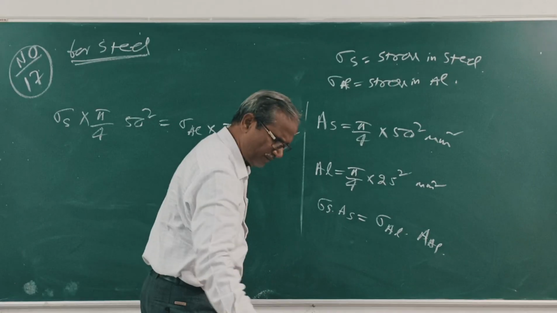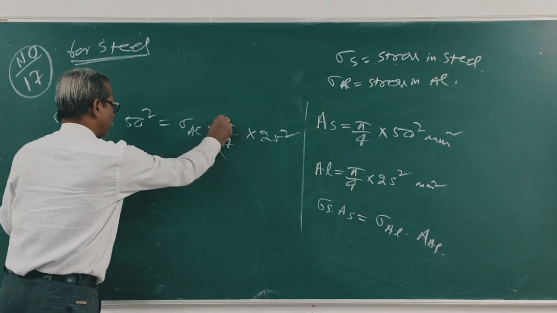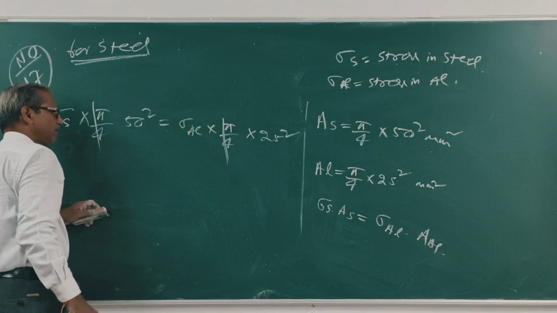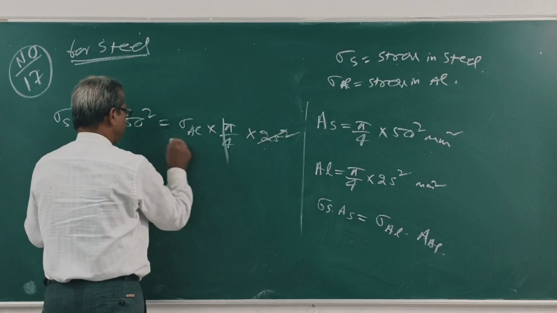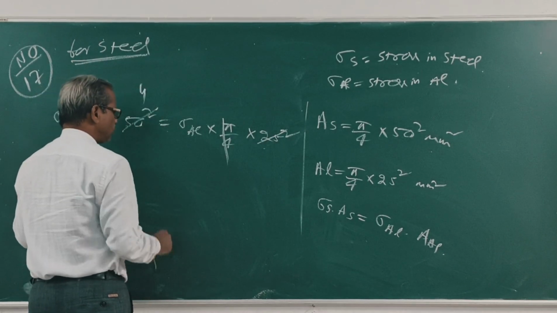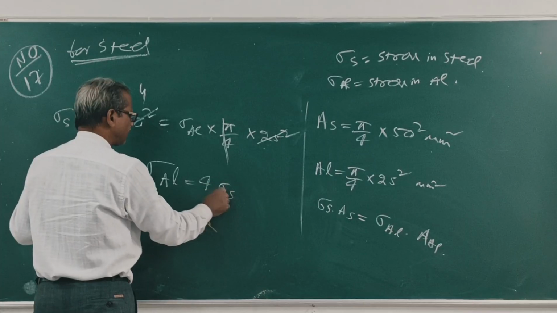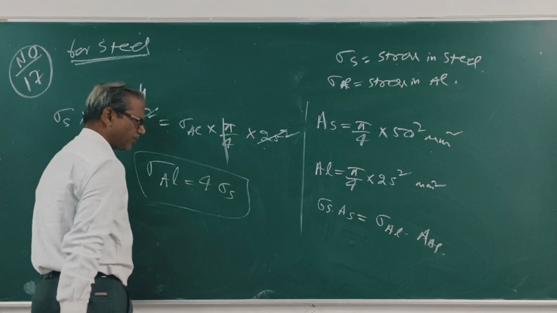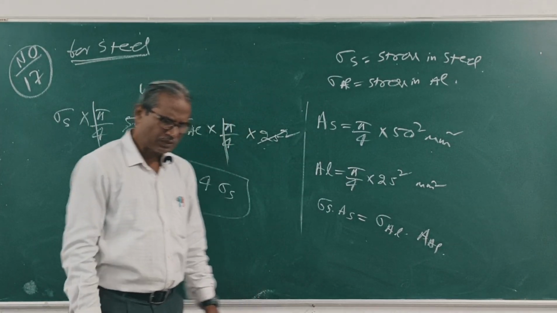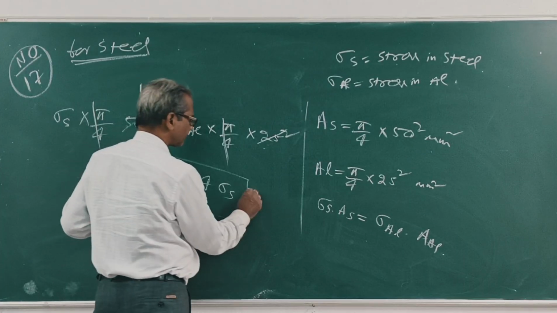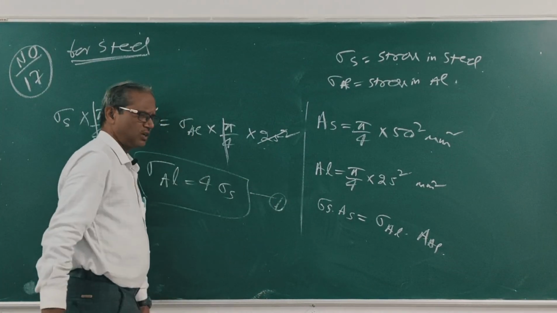Right? This pi by 4 cancels out. This 50 by 25 squared is 4. So sigma aluminum is equal to 4 sigma S. Right? This is equation 1.